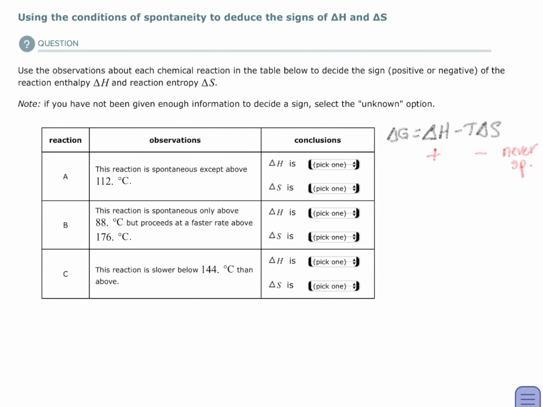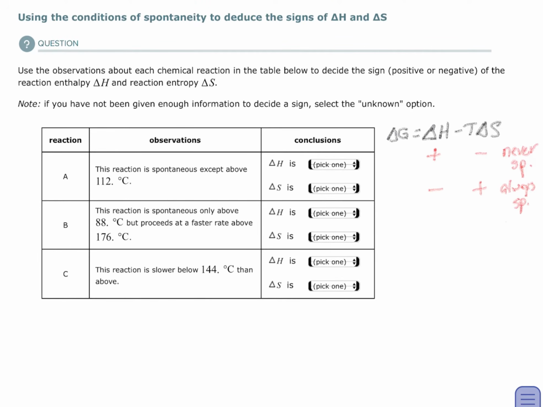So let's look at the other easy one. What if entropy is positive, but enthalpy is negative? That means the first one is negative, and since you're changing the sign of the second, they'll both be negative. If both of them are negative, then I'm sure that delta G is also negative.